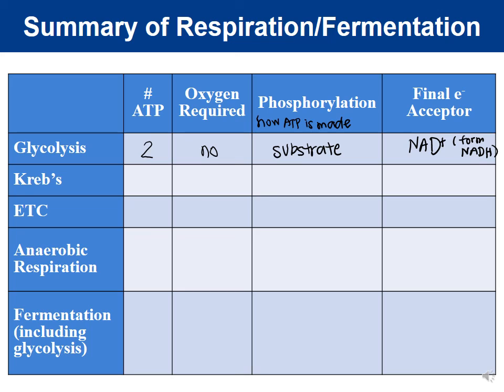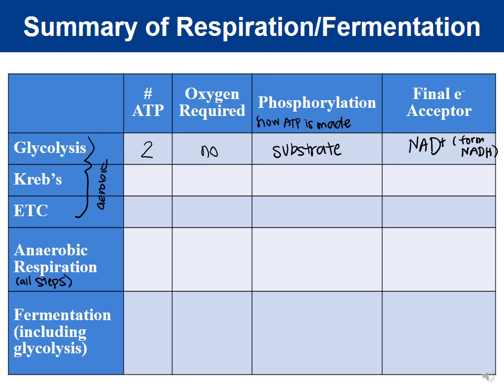These top three are assuming we're looking at aerobic. So you're going to fill this in for the Krebs cycle during aerobic respiration, and the electron transport chain for aerobic respiration. The next row is looking at anaerobic respiration, and this is including all steps.